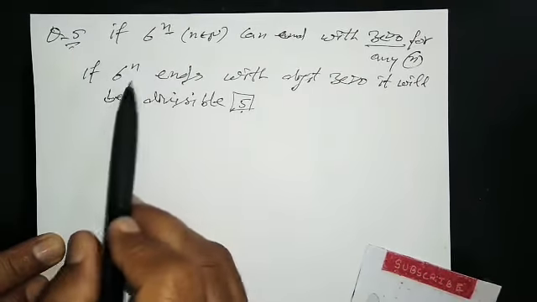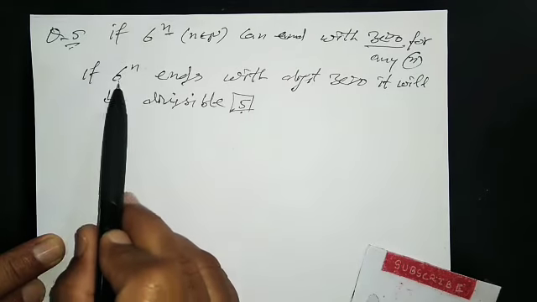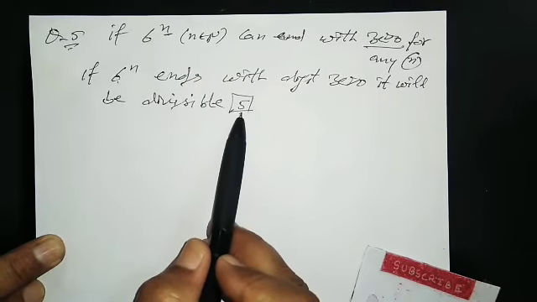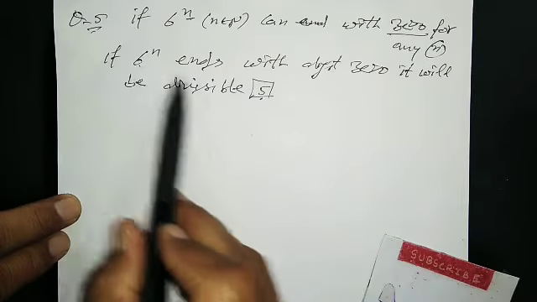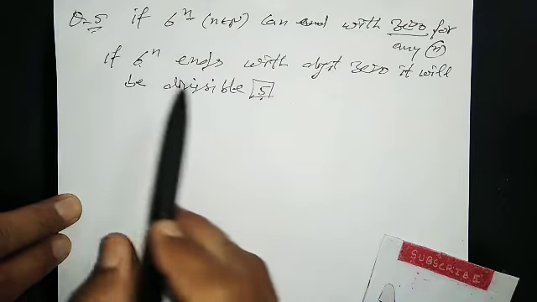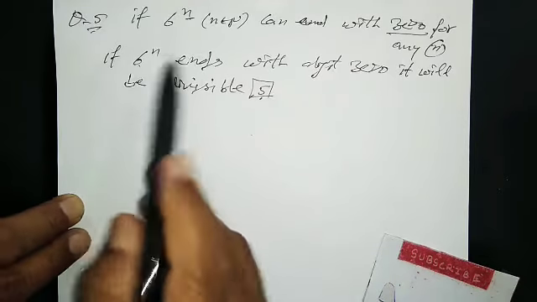I have already told you that if a number is divisible by another number, then that number must be a factor of it.